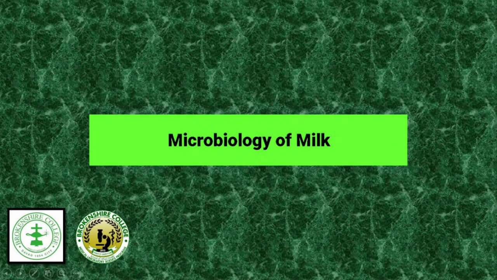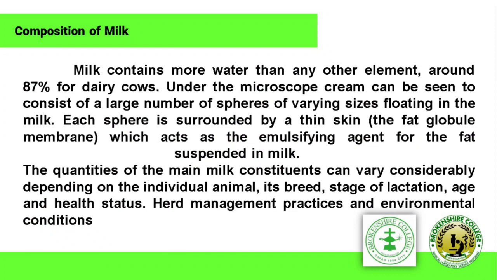Microbiology of milk. The composition of milk contains more water than other elements, around 87% for dairy cows. Under the microscope, cream can be seen to consist of large numbers of spheres of varying size floating in the milk.